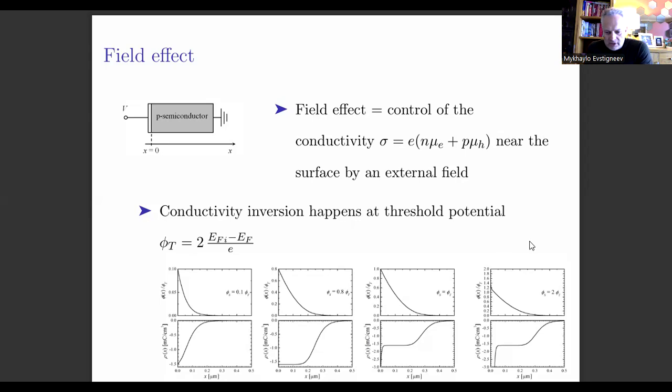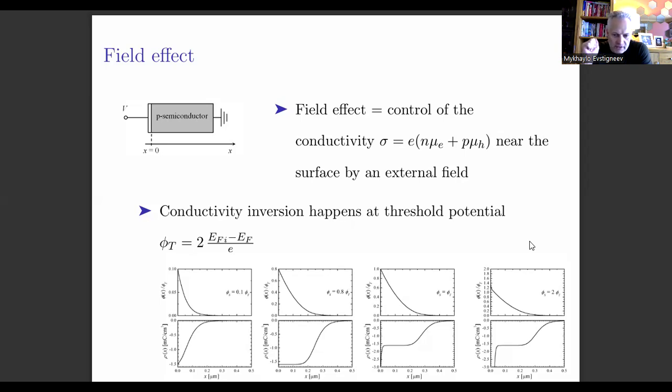All right, so now let's make an important observation. By changing the surface potential, we can have the surface layer, the inversion layer, on and off. If the inversion layer is on, the conductivity in this surface inversion layer is high.